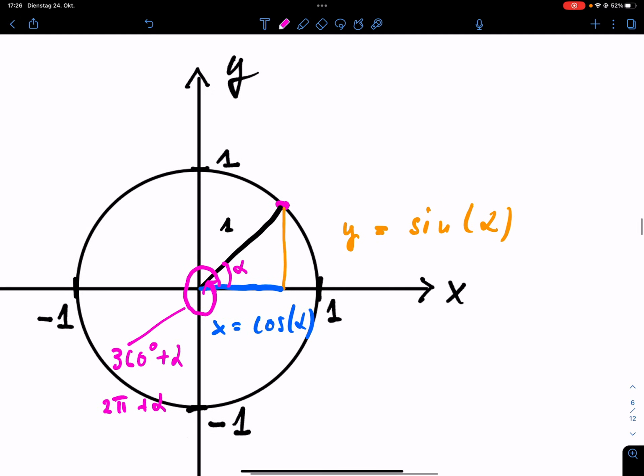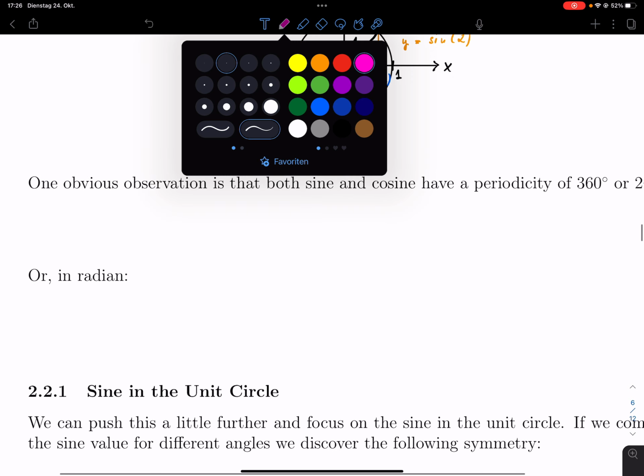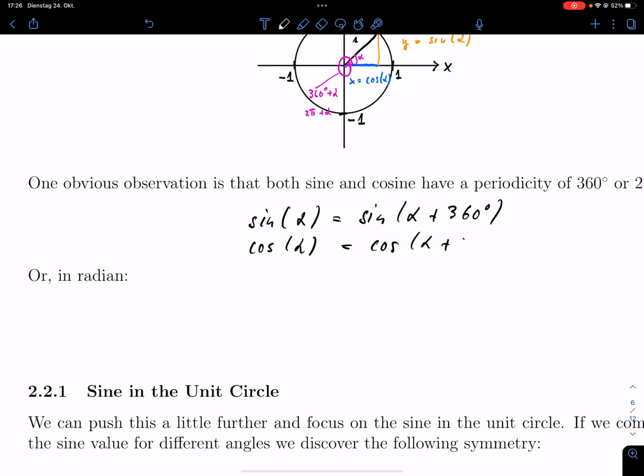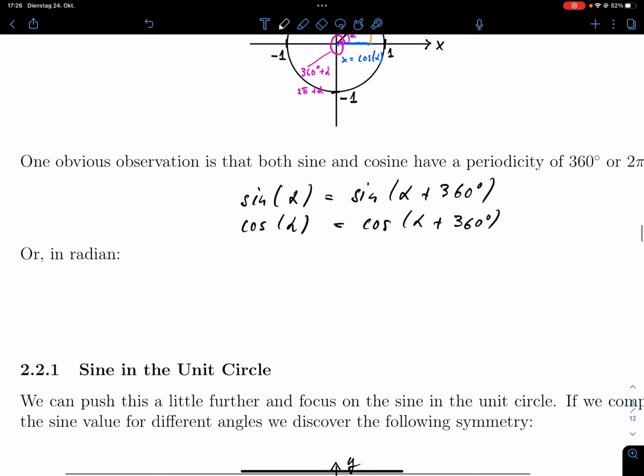And then you realize you get to the same point, so the sine values and the cosine values will stay the same. So in equations, you would say that sine of alpha is the same as sine of alpha plus 360, and same for cosine: cosine of alpha is cosine of alpha plus 360. So for instance, sine of 10 is the same as sine of 370 degrees, and so forth. And the same in radian.